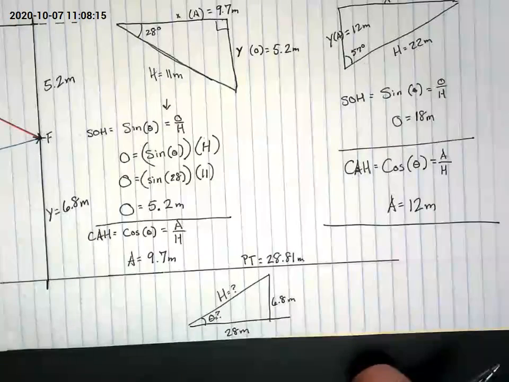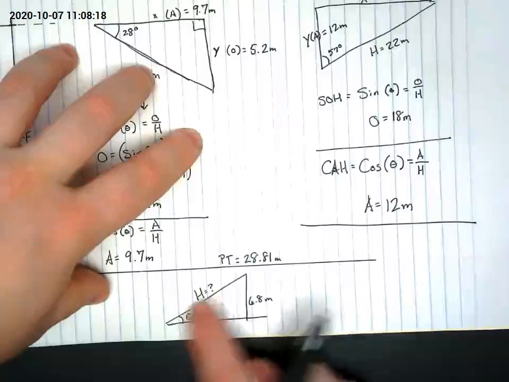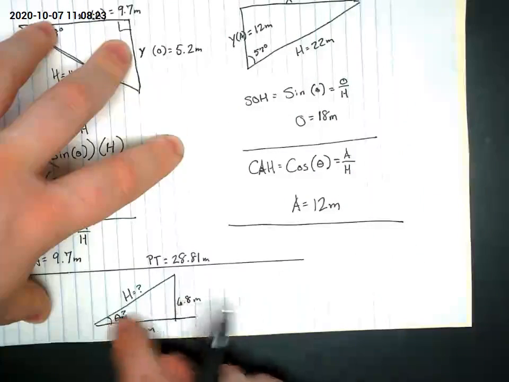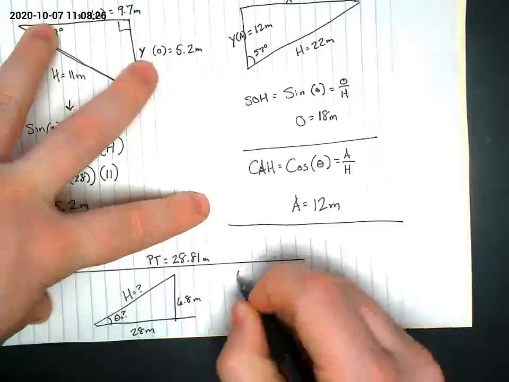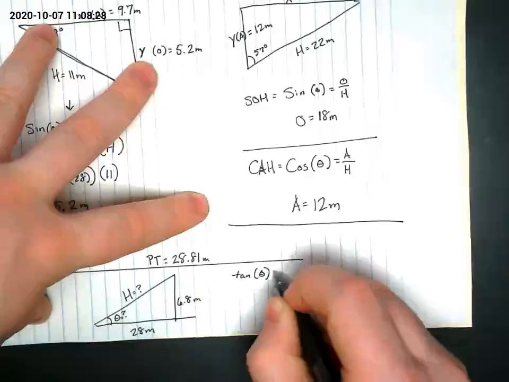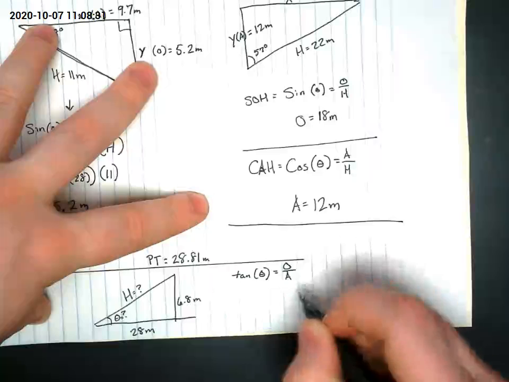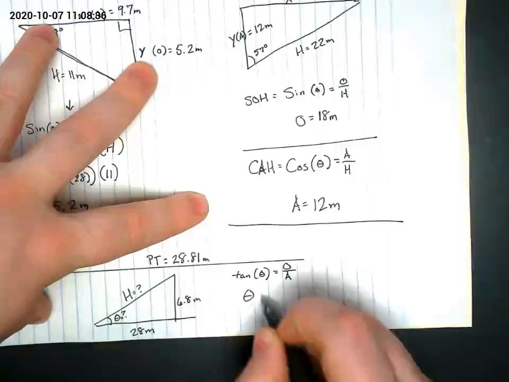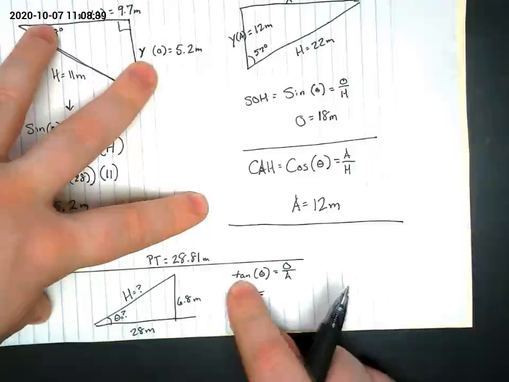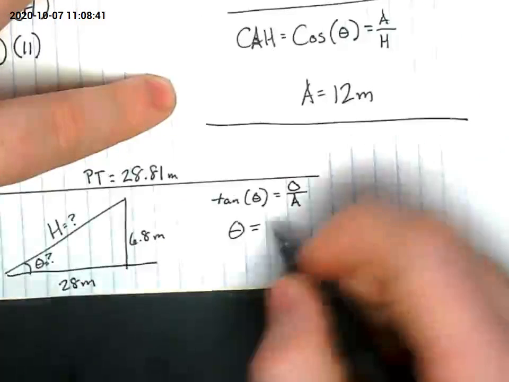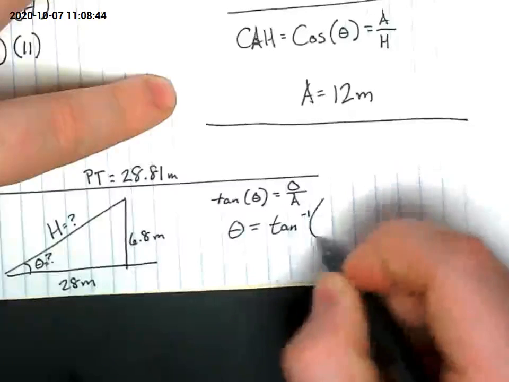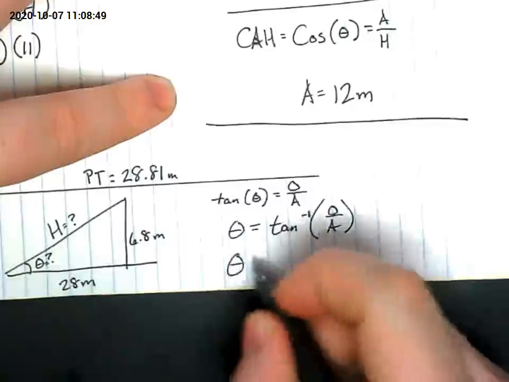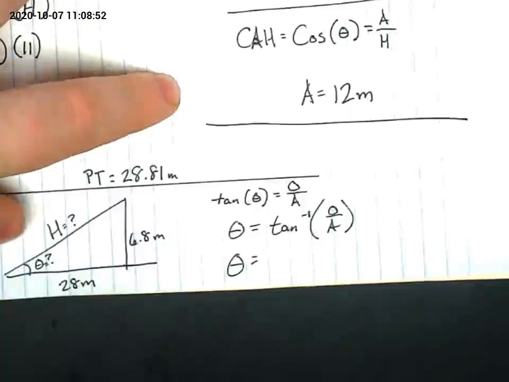Now we're going to solve for theta, and to solve for theta we've got to use tangent and SOHCAHTOA. Opposite over adjacent, so tangent of theta is going to be opposite over adjacent. Because I need to solve for theta, we've got to make that the inverse, so inverse tangent of opposite over adjacent, which you can plug into your calculator yourself.